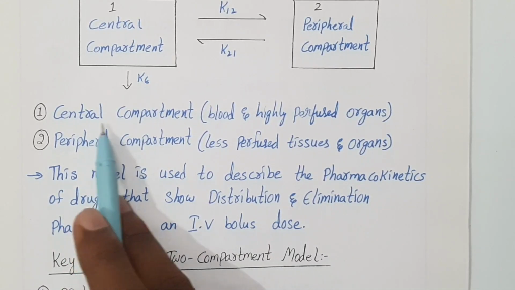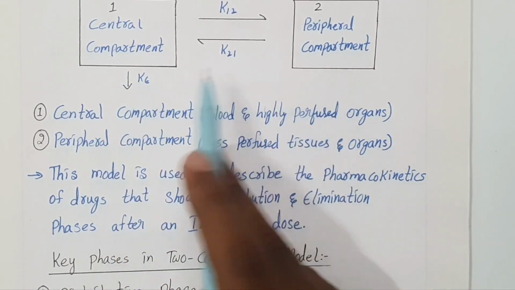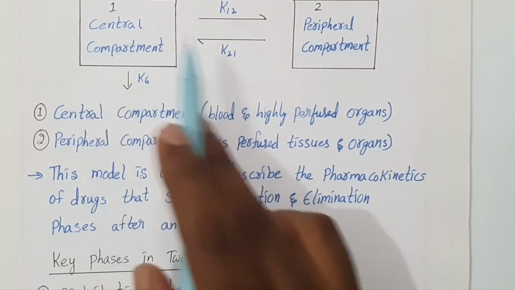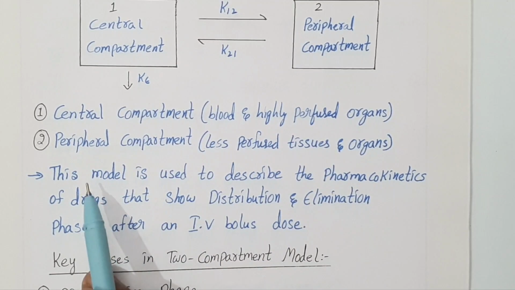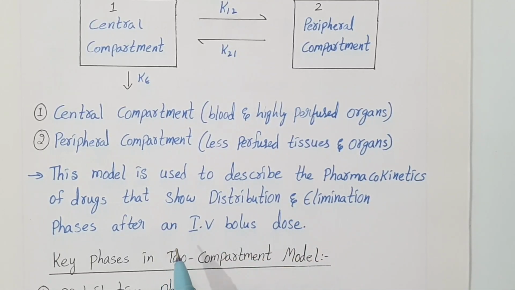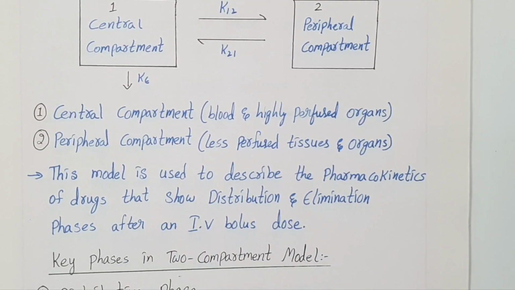So we have two boxes here, the central compartment and the peripheral compartment, which represent as CC1 and PC2. This model is used to describe the pharmacokinetics of a drug that shows distribution and elimination phases after an IV bolus dose.